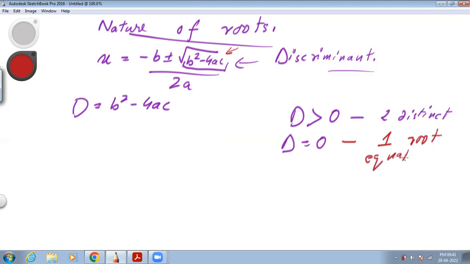Quadratic equations have got two roots at most. So in this case, it will have equal roots. And if d is less than 0, in 11th standard you'll understand, you cannot have the square root of a negative number.